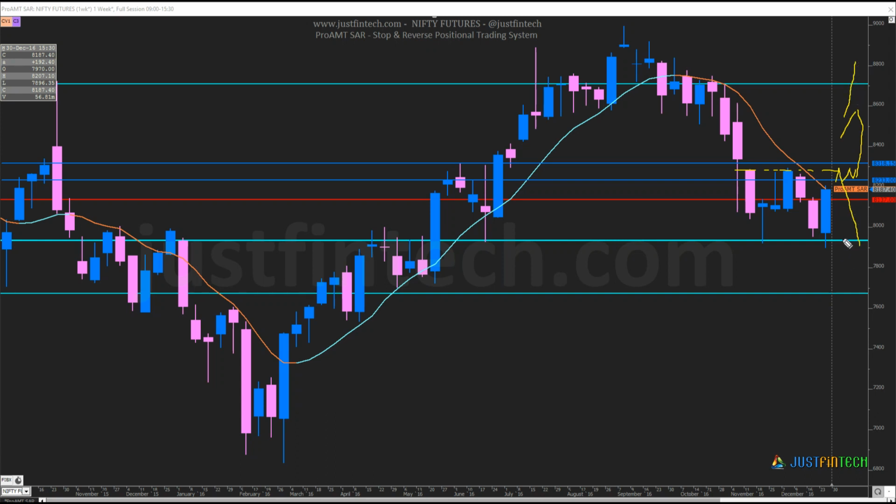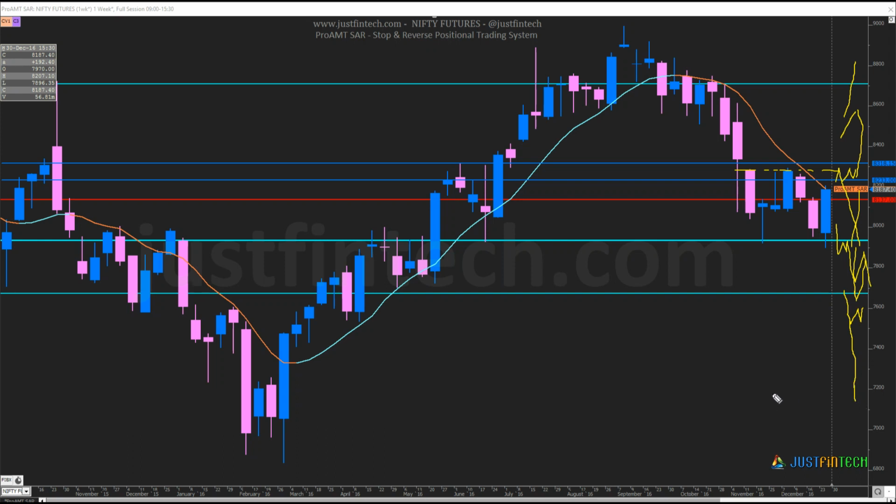And on the lower side, either it rejects here and pushes back up, or starts accepting within and pushes back down into the 7650, 7670 kind of zone, and either pushes down and rejects and goes back into this range and starts rotating, or pushes down, goes into this 7500 kind of zone and starts rotating, or pushes down even further into the 7150 kind of zone.